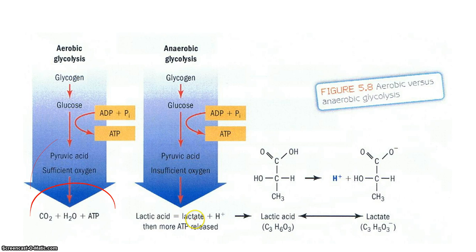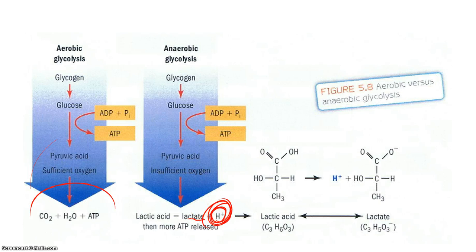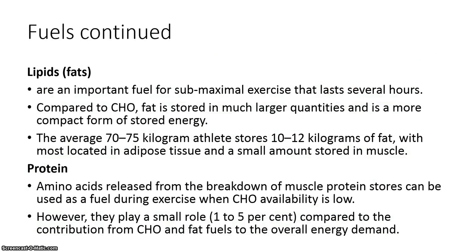This is going to be stuff that you go over in class, but very important. Hydrogen ion here is the bad guy that we're going to talk about later, but again, we're talking about a metabolic byproduct. So the side effect of breaking down or resynthesizing ATP using carbohydrates without oxygen is that particular byproduct.